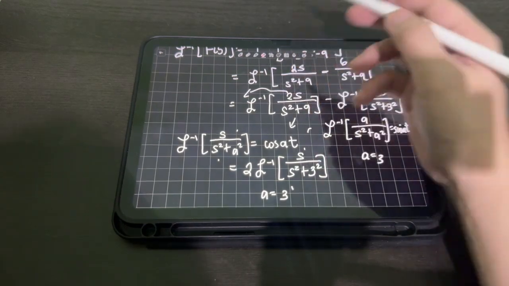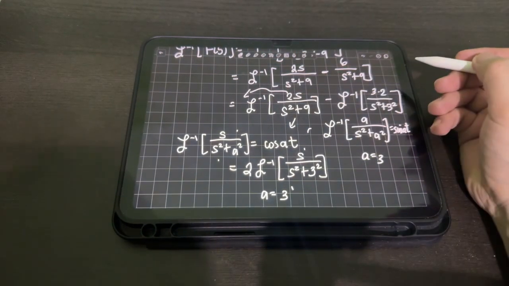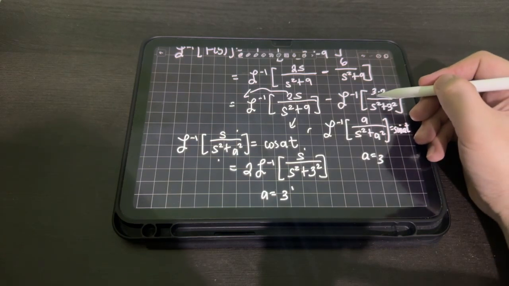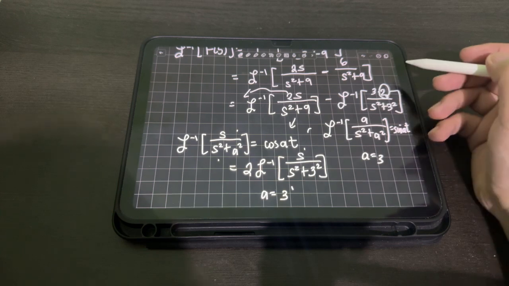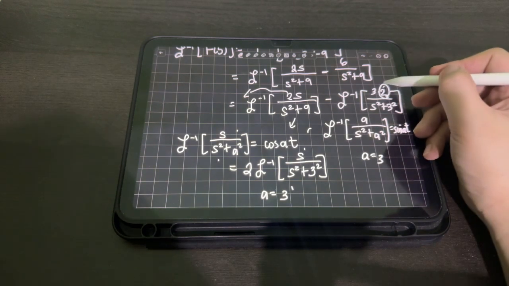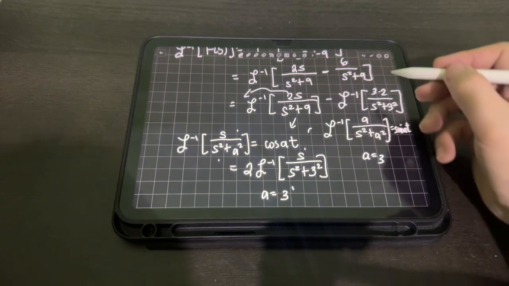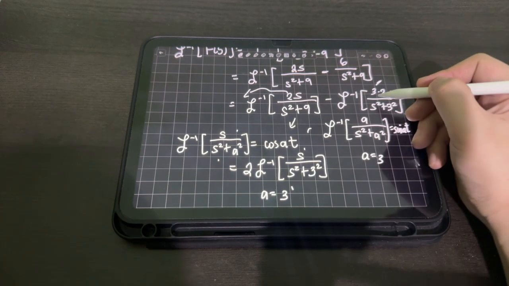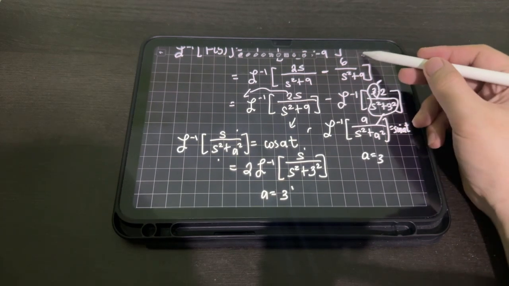We can factor that 6 as 3 times 2, right? So we already have the 3 on the numerator, but we have an extra 2 here, which is another constant. You can just put it in front of the inverse Laplace operator because it's just a constant, leaving 3 on the numerator because we need 3 in the inverse Laplace transform formula for sine.